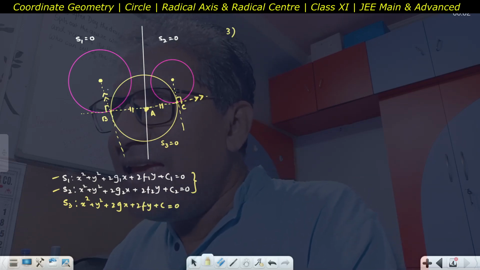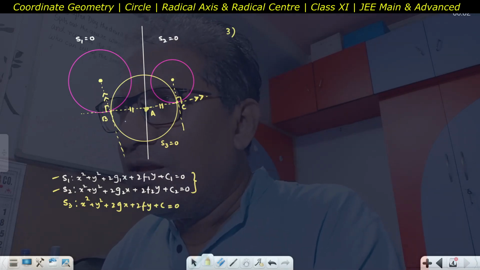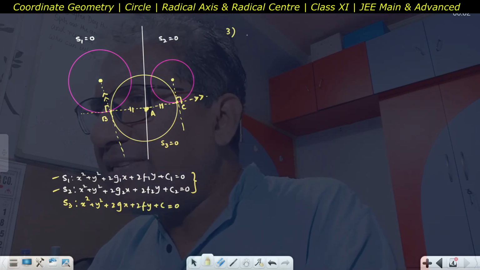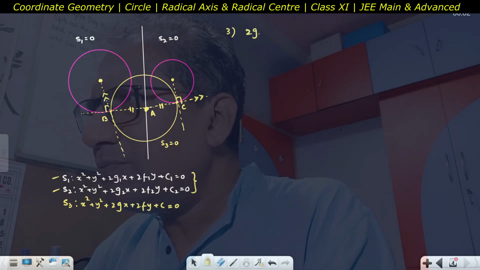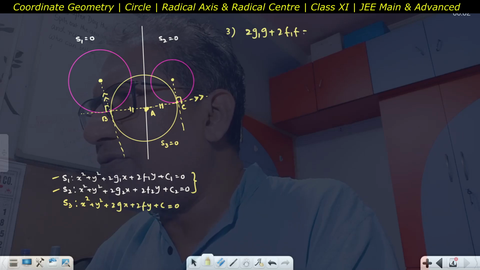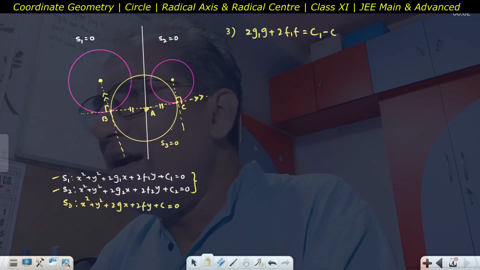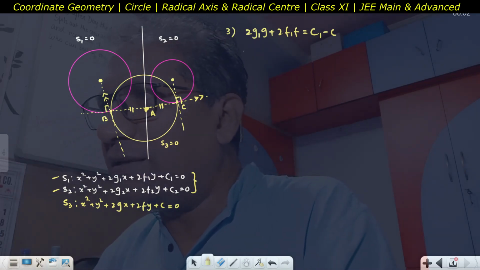Now, as S1 and S3 are orthogonal, we know the condition of orthogonality. It will be 2g1g plus 2f1f equals C1 minus C. Similarly, S3 and S2 are also orthogonal to each other.